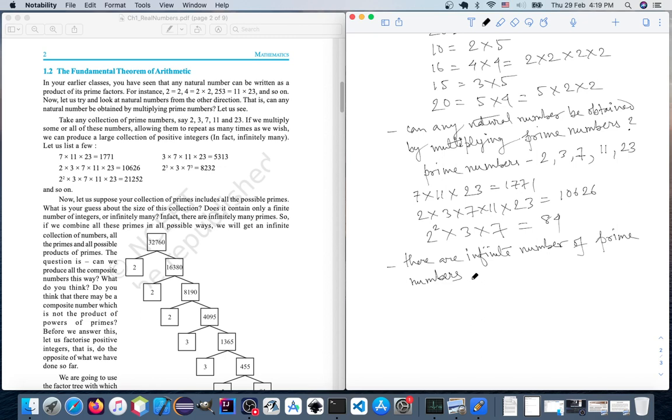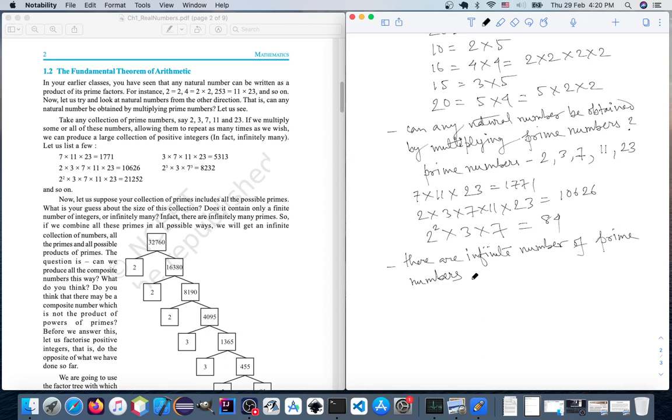And so if we combine all these primes in all possible ways, we will get an infinite collection of numbers: all the primes and all possible products of primes. Since the collection of all prime numbers is infinite, if we consider all possible ways of multiplying the prime numbers, we will get lots of natural numbers.